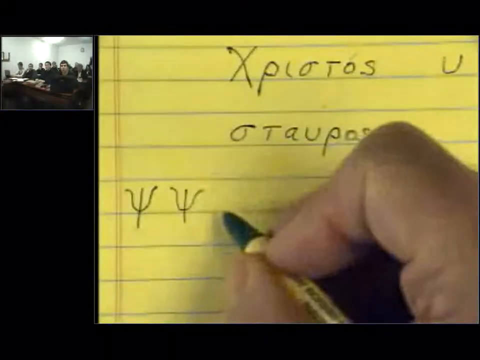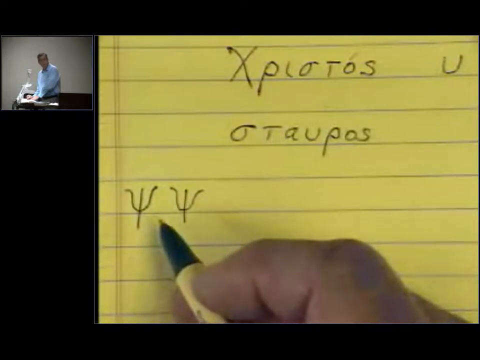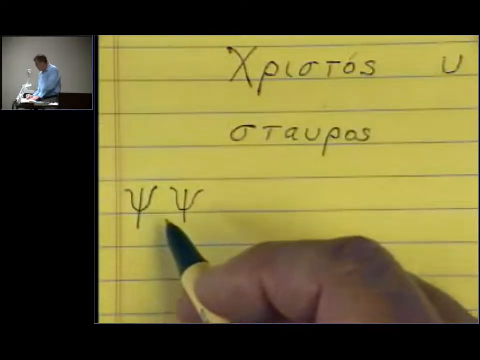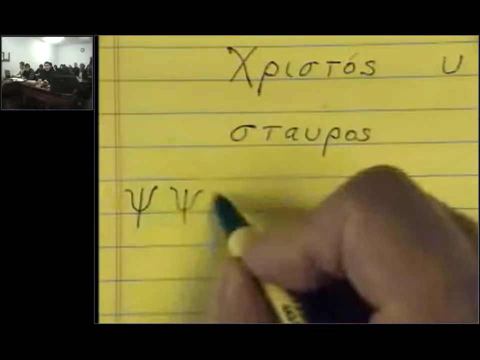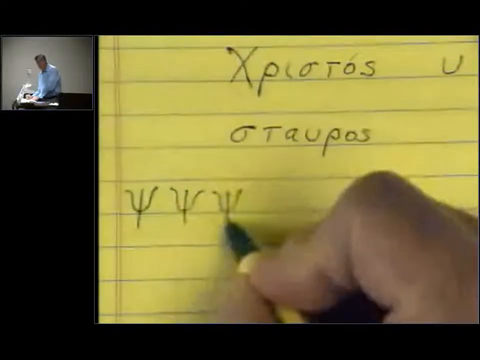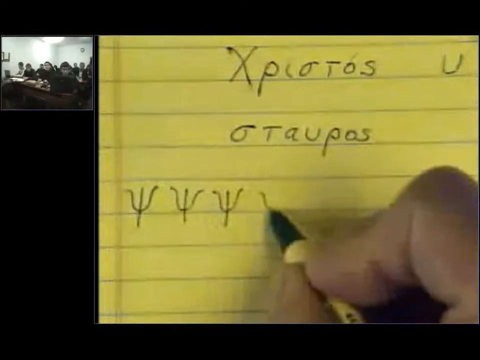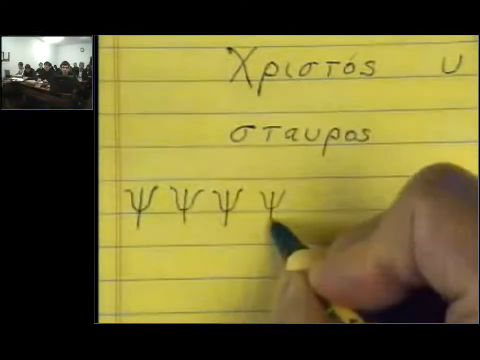All right, this is the letter psi. Psi. It's like a P and S sound. Kind of make a curve and come up like this and put a line down below the line.